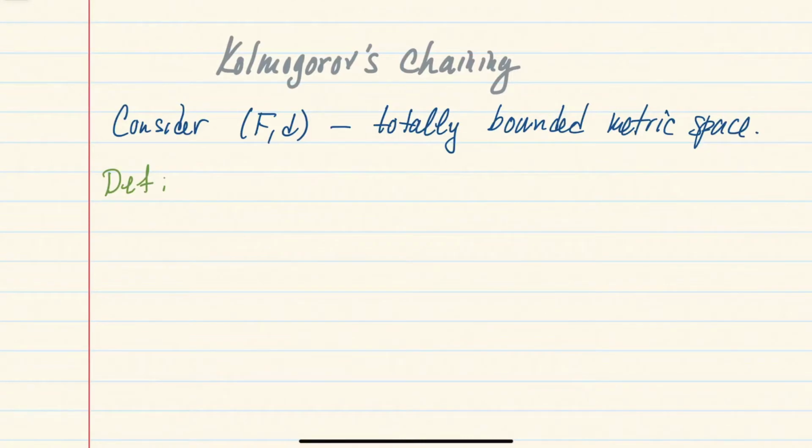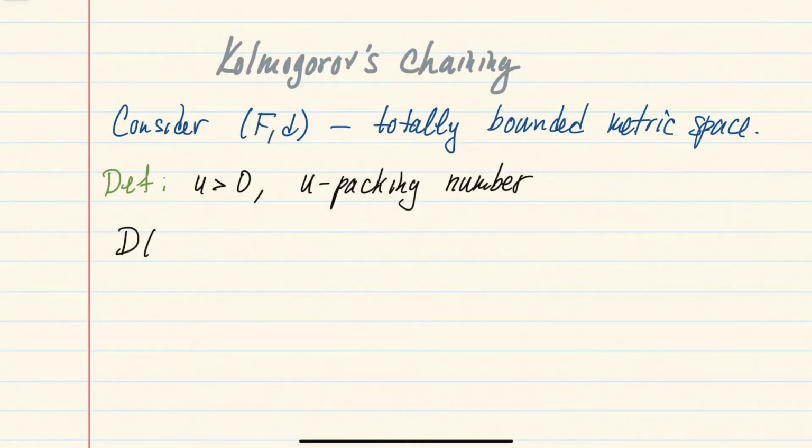In the first definition, given a positive parameter u, we define the following quantity called the u packing number, which is denoted by D(F, d, u). Okay, and this is just the maximum cardinality of a set that you can pack inside of your metric space F, so that all points are at a distance at least u from each other.